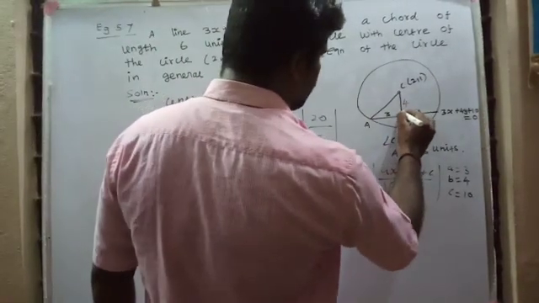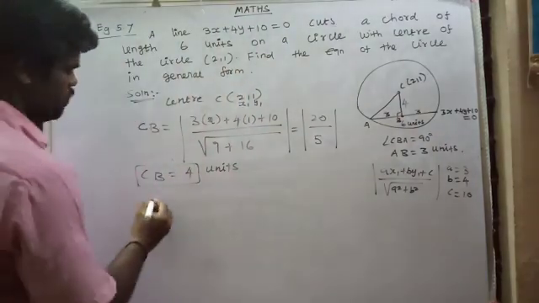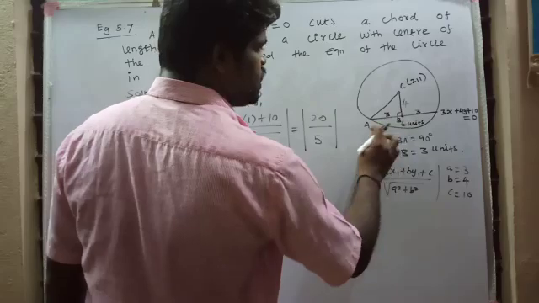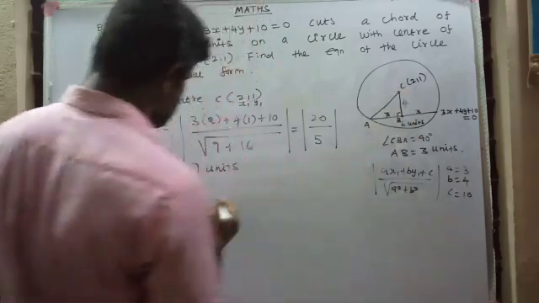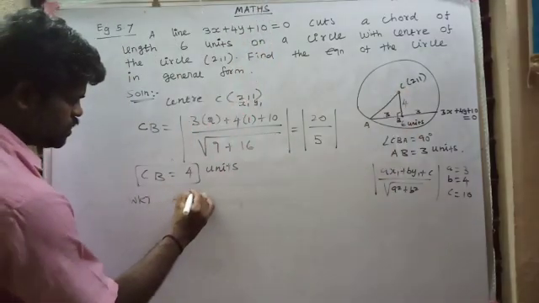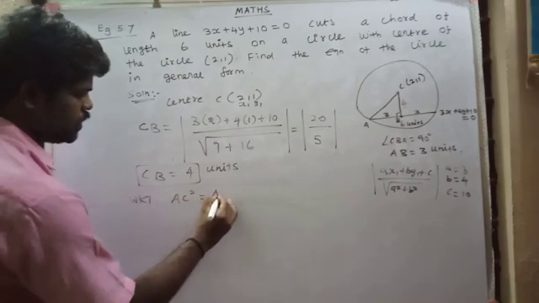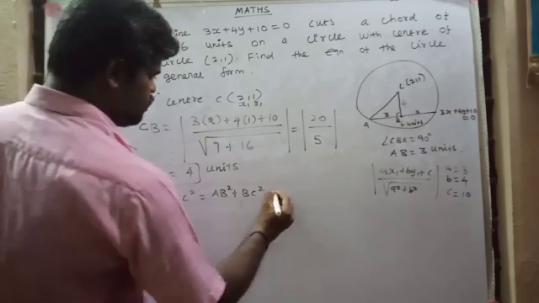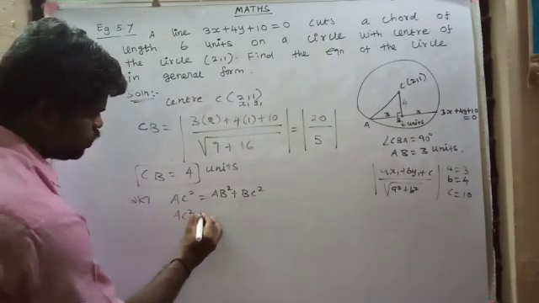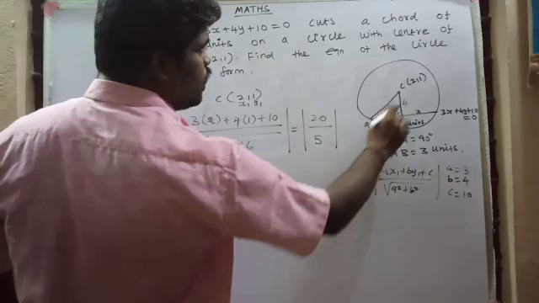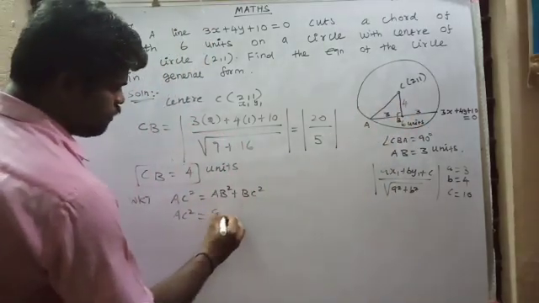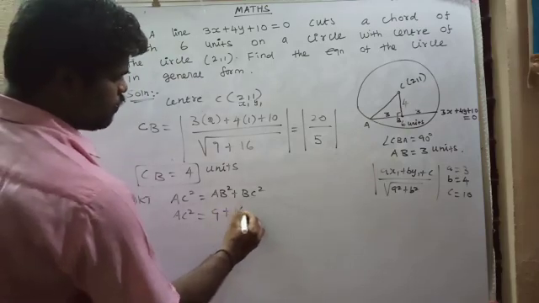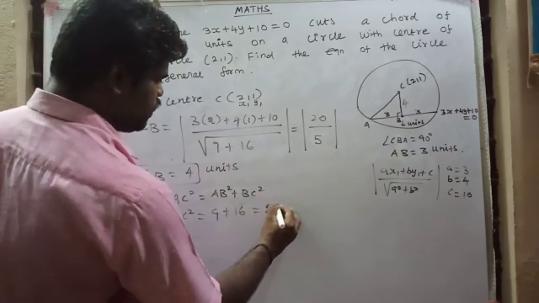And we have the Pythagoras theorem. We know AC square is equal to AB square plus BC square. The AC squared value equals AB square, which is 9, plus BC square, 4 square 16, equal to 25.